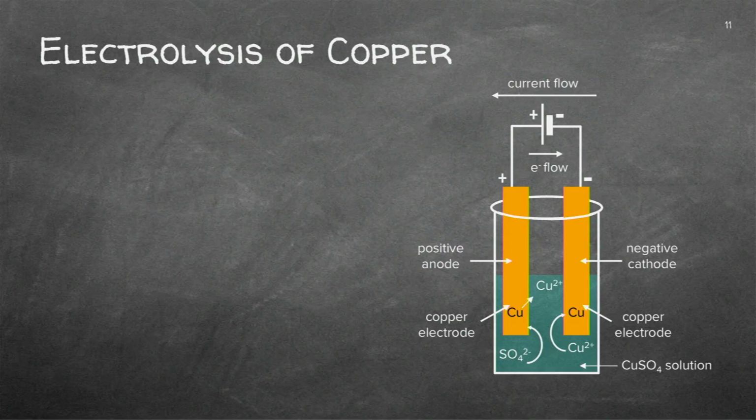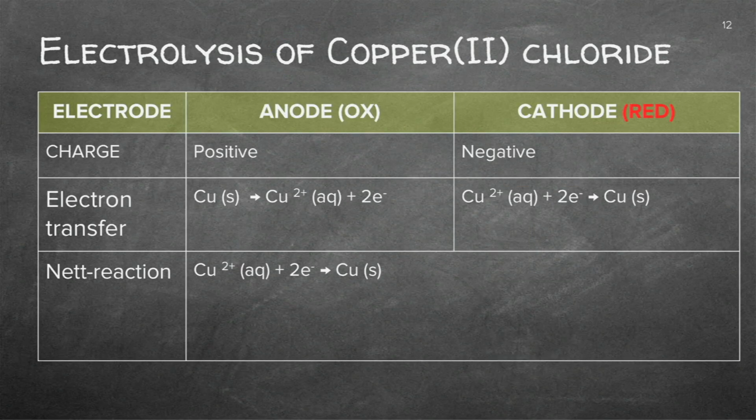So electrolysis of copper is now a little bit different. So what we'll find here is that when we've got 2 copper electrodes, we will actually have copper solid going to copper ions and copper ions becoming copper solid. Now, why do we do that?